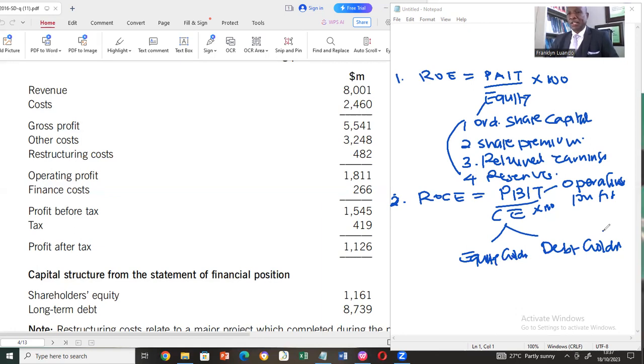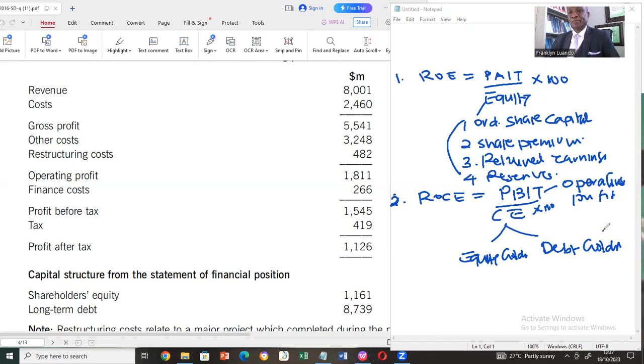Now, I want to explain that when the objective is maximization of shareholders' wealth, both of these do not directly measure the maximization of shareholders' wealth.